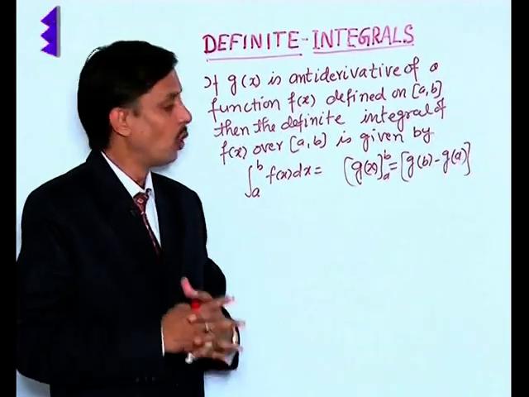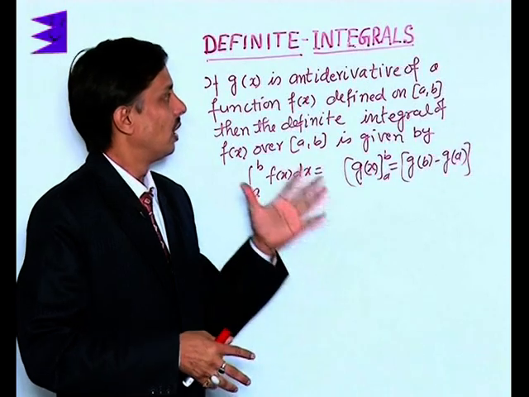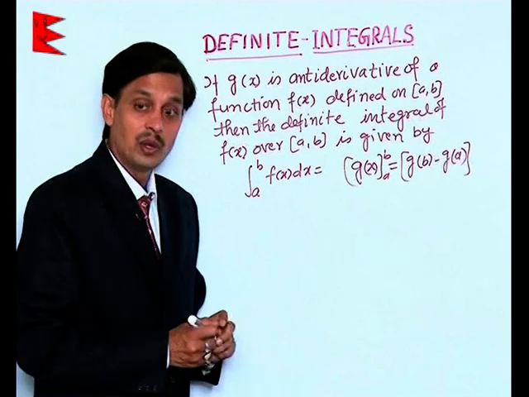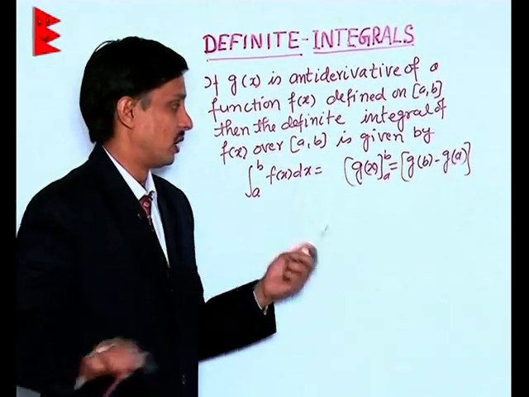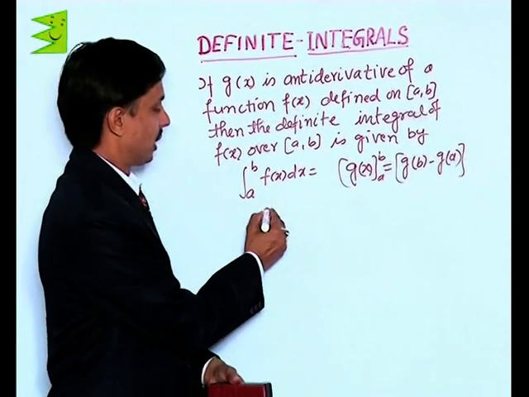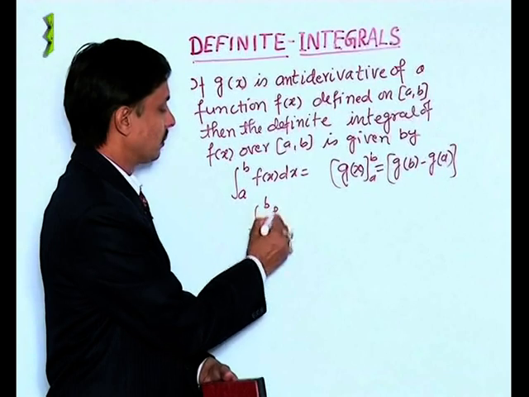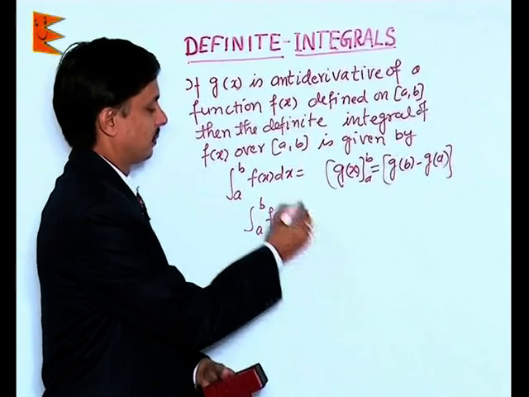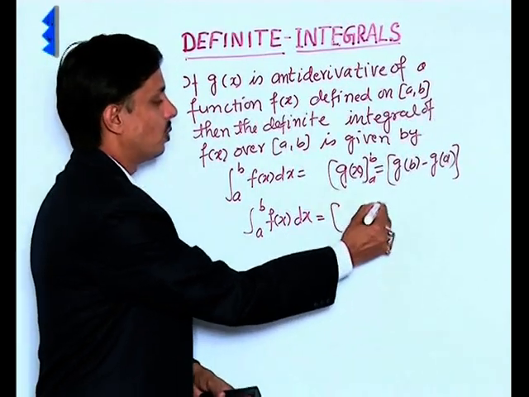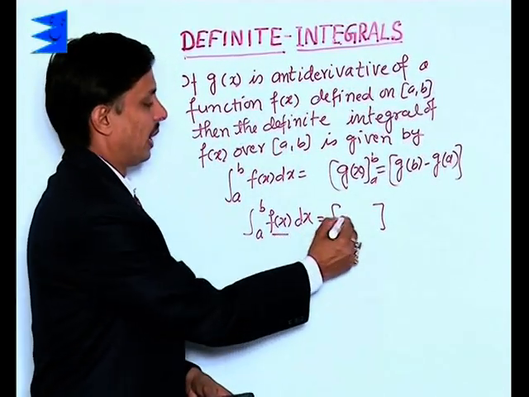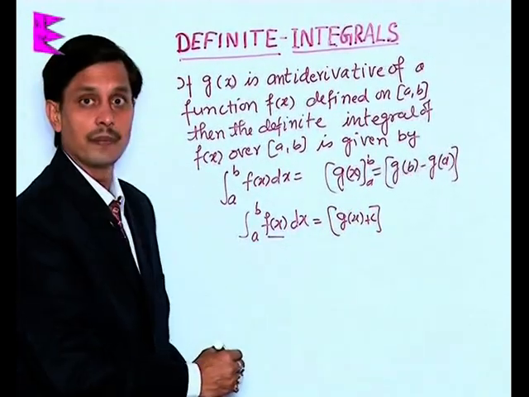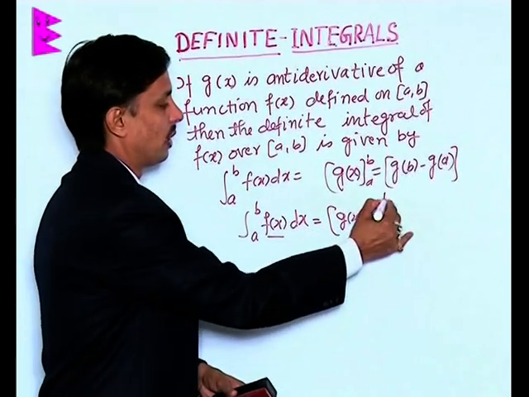There is no integral constant taken in the definite integral, and I will tell you why. The reason is, if you take the integral from a to b of f(x) dx, and say it is equal to, the antiderivative of f(x) is, suppose, a function g(x) plus the integrating constant c, from a to b.